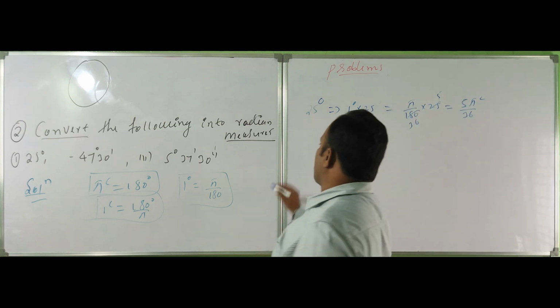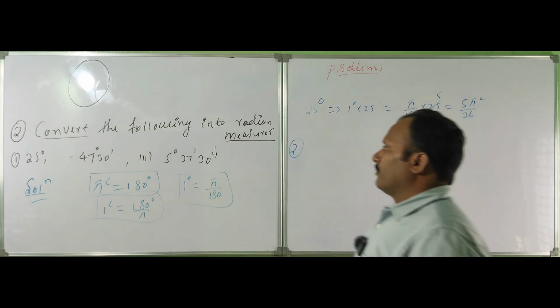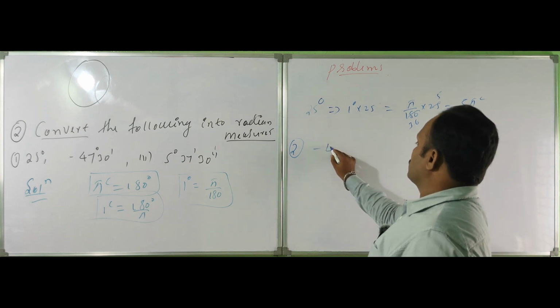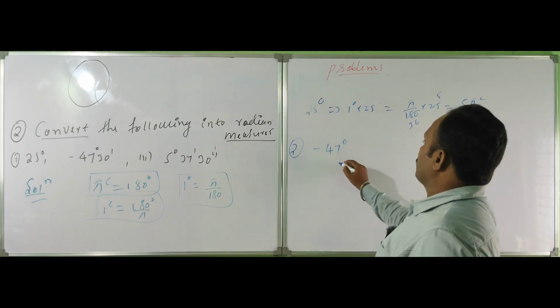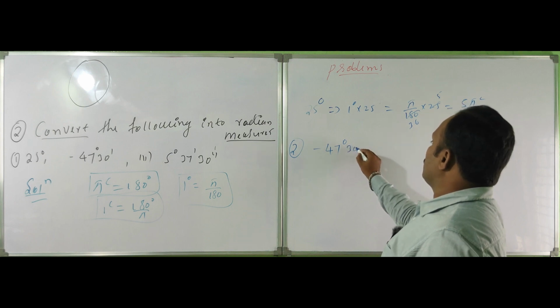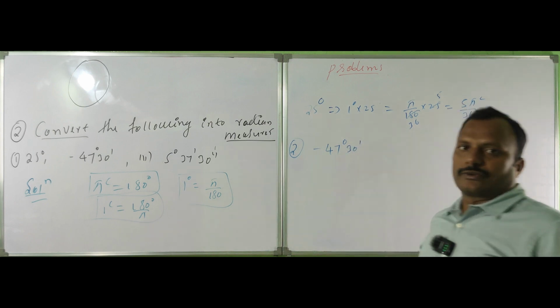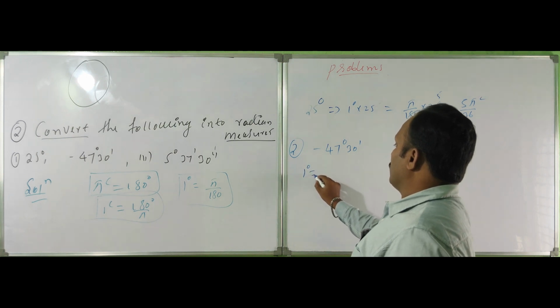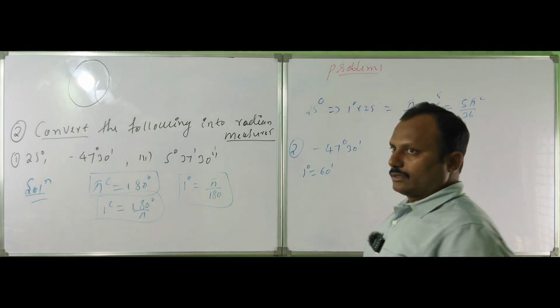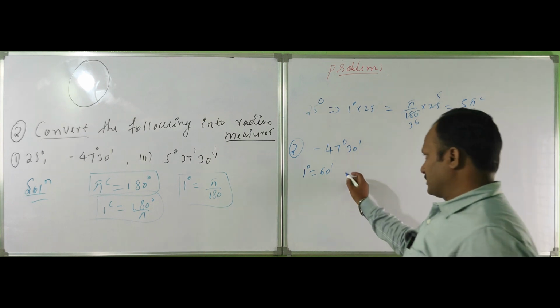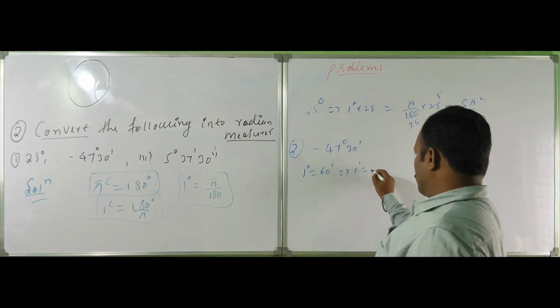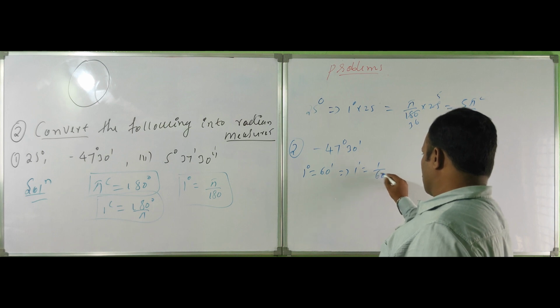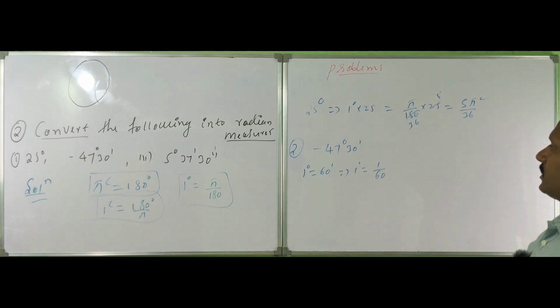Second one is very important: minus 47 degree and 30 minutes. Before going to this one, let's check the standard conversions. For 1 degree you have 60 minutes, so 1 minute is equal to 1 by 60th of a degree.